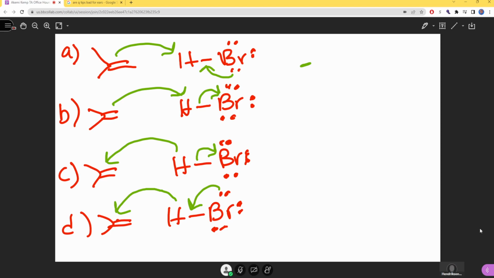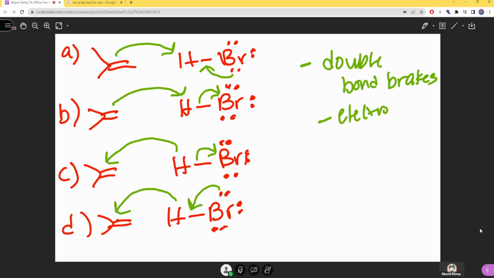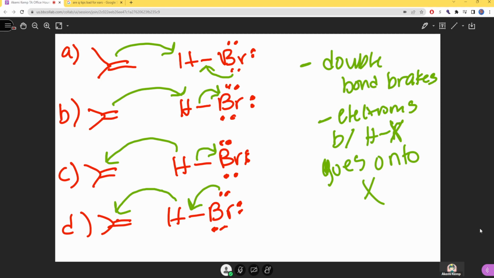So B. The double bond breaks, grabs the hydrogen, and then the electrons between H and whatever, let's say X, go onto X, which is the atom that can handle the negative charge better, the more electronegative atom.